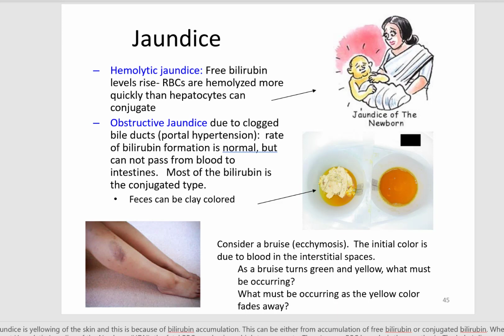However, if it is a patient, say an older patient, with a dysfunctional liver, maybe they have cirrhosis of the liver, maybe from drinking too much, we would expect to find jaundice in that individual. In that individual, we would expect to see higher levels of unconjugated bilirubin and conjugated bilirubin.